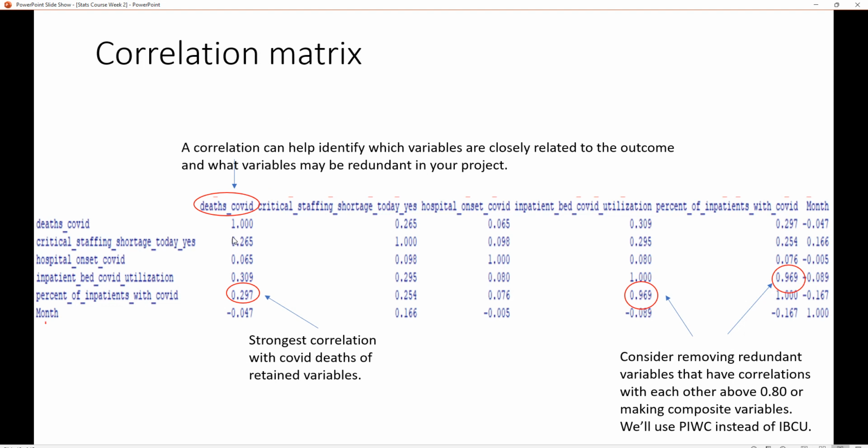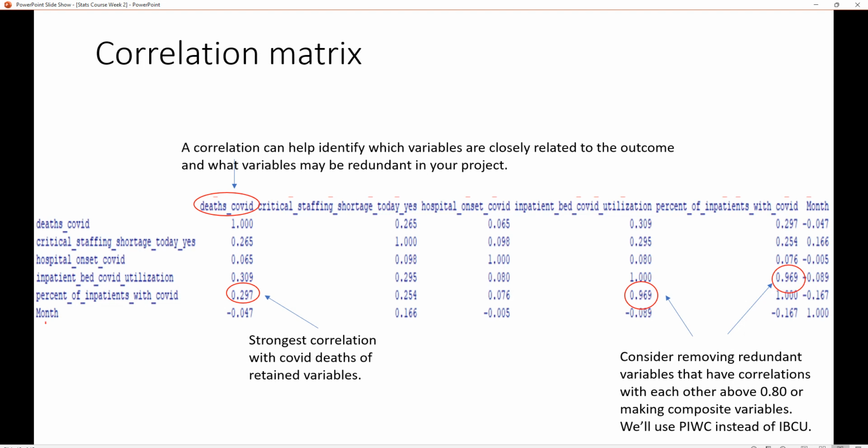A correlation matrix is just a set of rows and columns, and each row represents one variable, and each column represents the identical variable, and we can see how each of these different relationships lines up. It gives us an idea of which ones could be the best predictors of your outcome, and which variables are highly correlated.